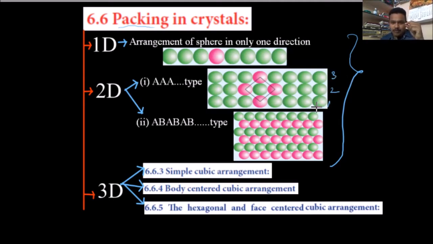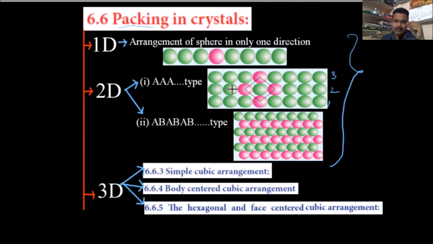In the second row, the atoms are arranged in such a way that their centers exactly coincide with the first row sphere centers. See, like this. The third row is also arranged so that its sphere centers exactly coincide with the centers of the spheres of the second row.